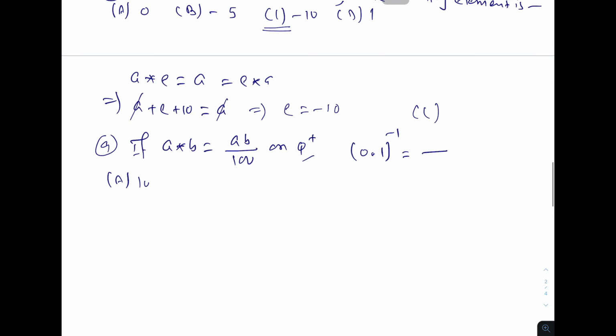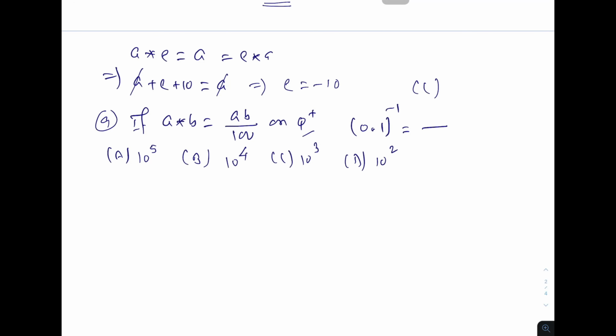Options are 10 to the power 5, 10 to the power 4, 10 to the power 3, or 10 to the power 2. So here we first find the identity. And what is identity? A star E equal to A will imply AE by 100 equal to A, and this would imply E equal to 100. So 100 is the identity.